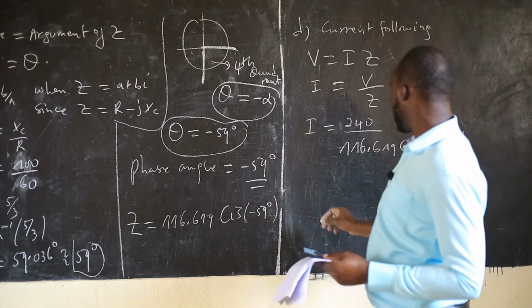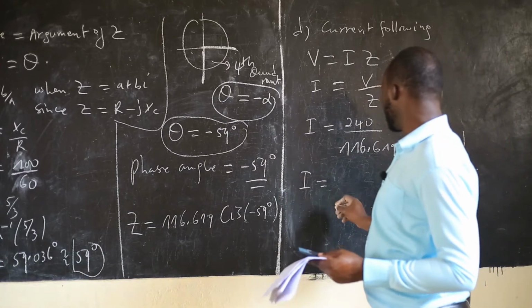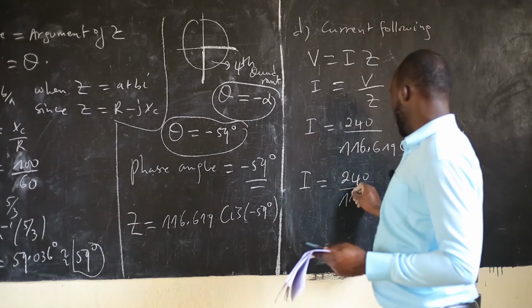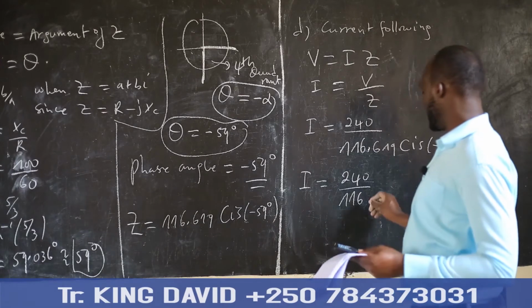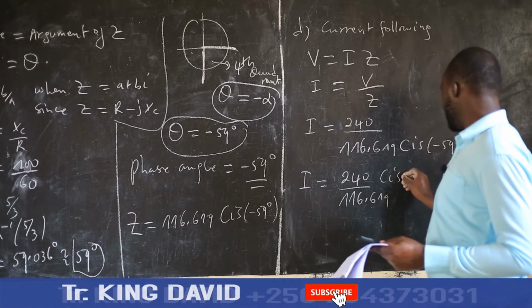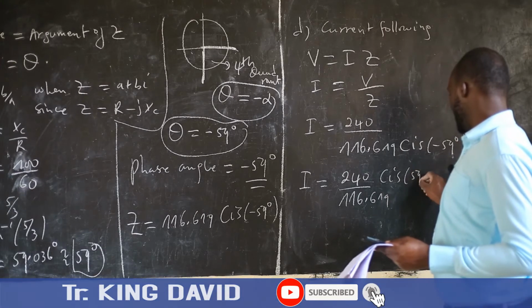So our current will be equal to 240 over 116.619 cis of negative 59 degrees.